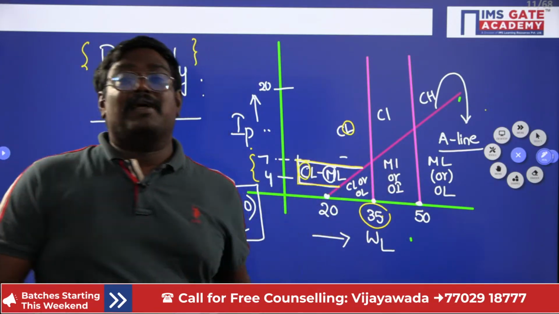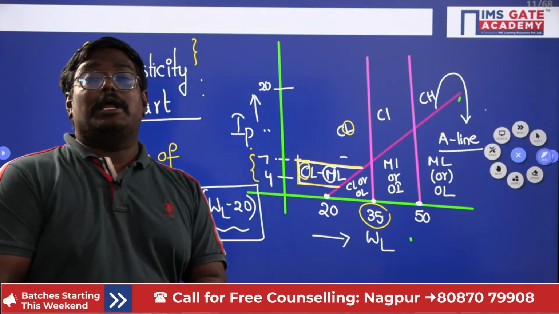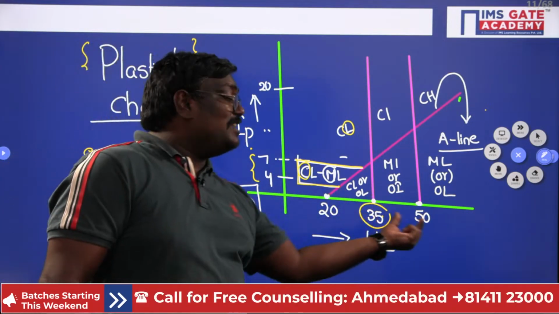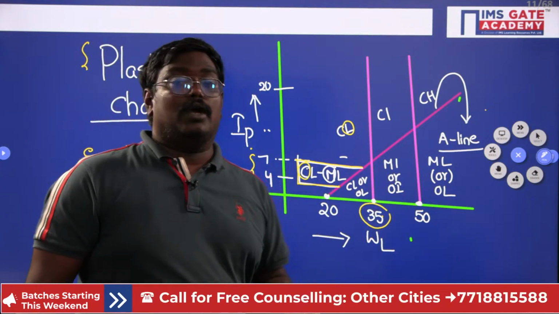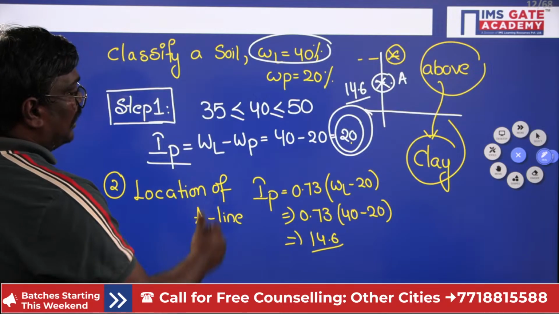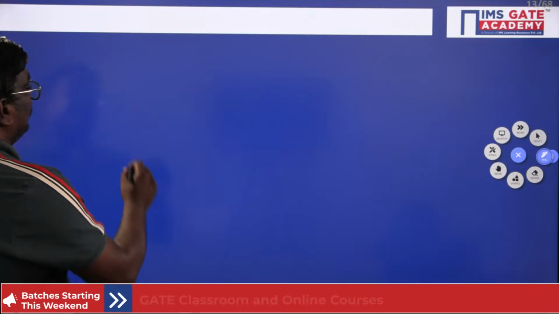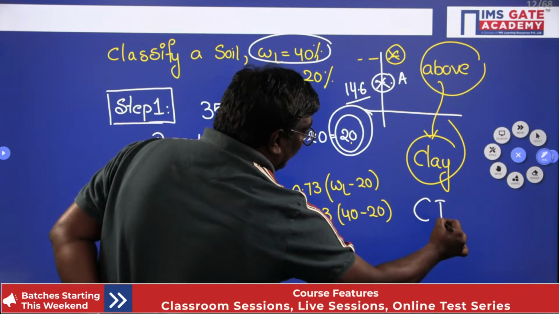It is nothing but intermediate compressible. Above the A line, we call the soil clay, and when the value is between 35 to 50, it is called intermediate. So here, my dear students, you can write this soil as intermediate clay. So you can write this soil as CI.